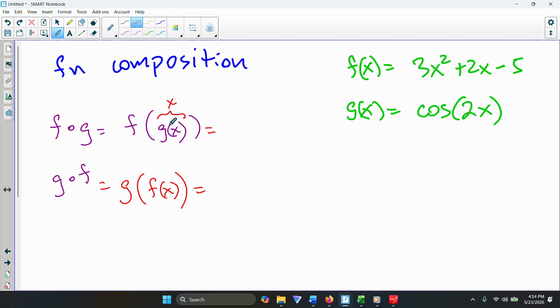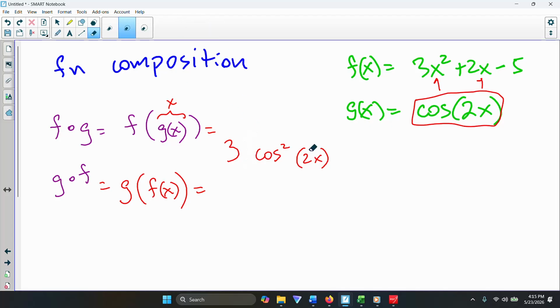So what is FOG, or F composing, G inside F? Wherever you see X in here, you plug in this whole thing. So in this case, this would be 3 cosine squared of 2x. In fact, I don't even need this parenthesis, I'm going to redo it.